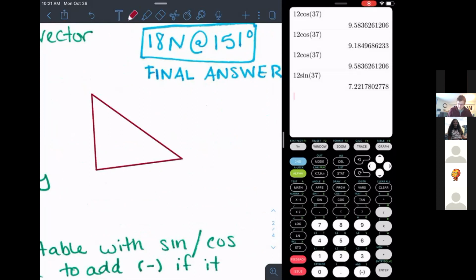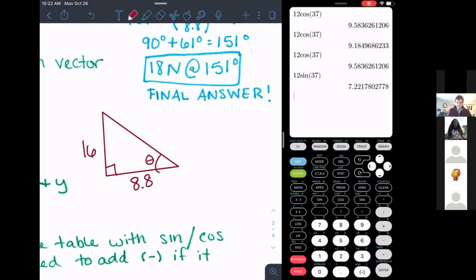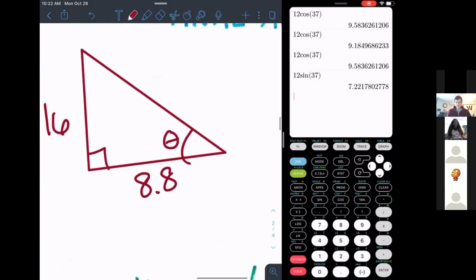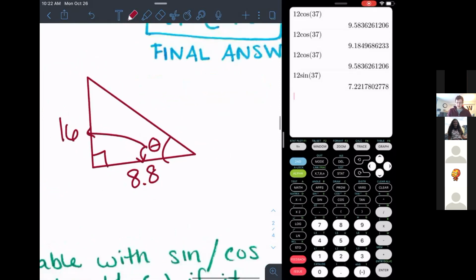That's my right angle. My X was 8.8 newtons. My Y was 16 newtons. I was looking for this angle. So I have my opposite and I have my adjacent, so I'm going to use tangent.